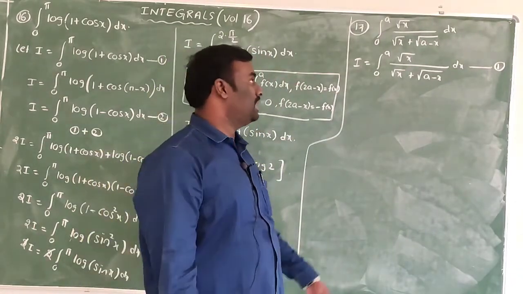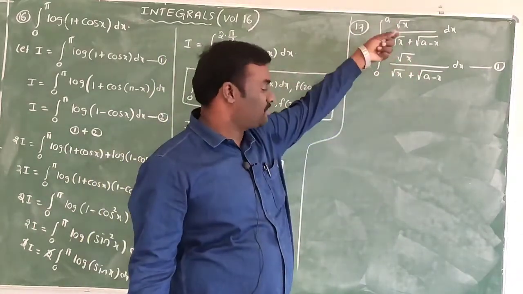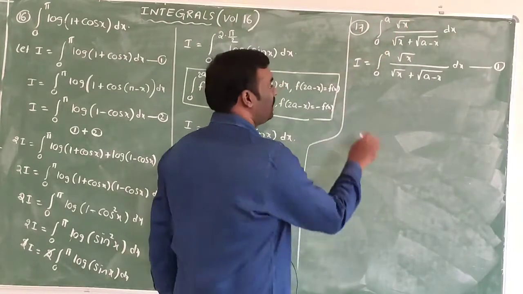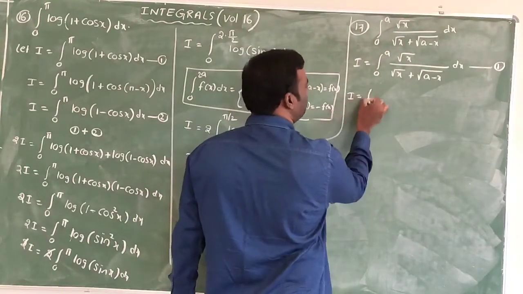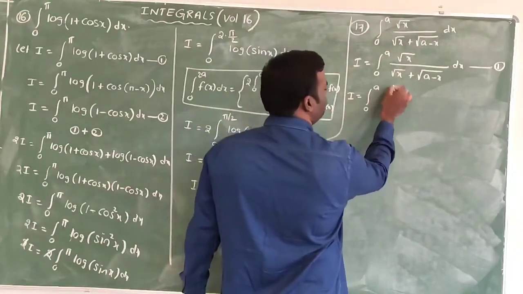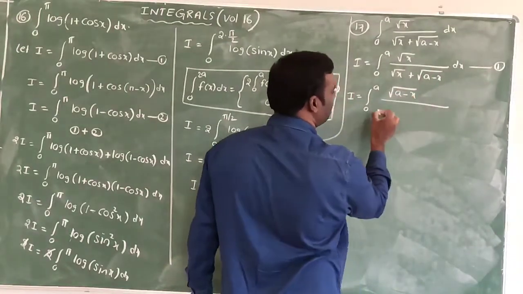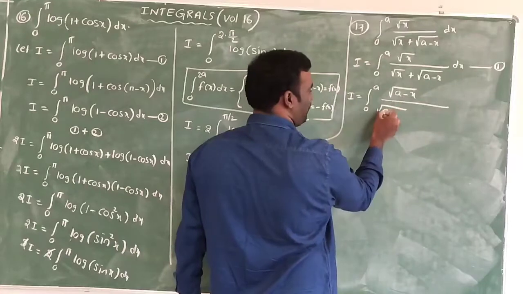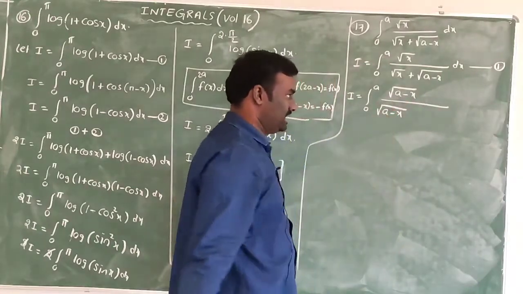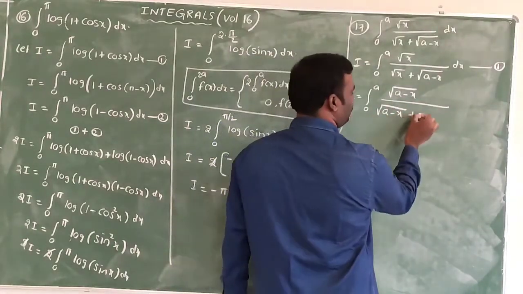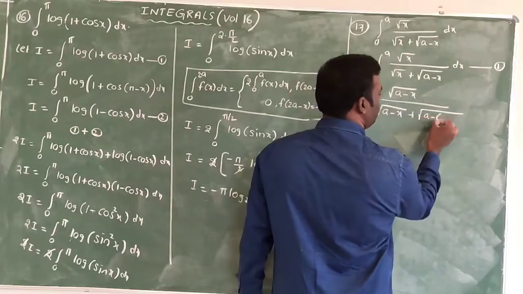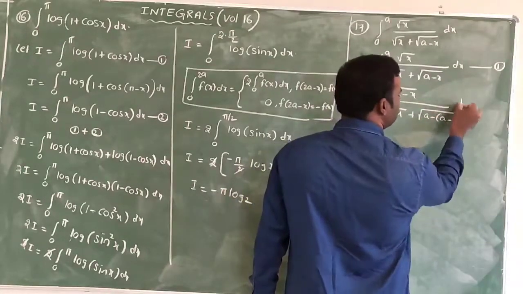You apply the property: in place of x substitute a minus x. Then I equals the integral from 0 to a of root, in place of x substitute a minus x.